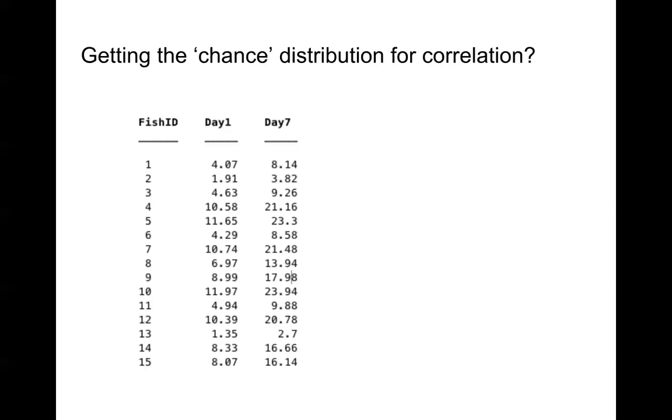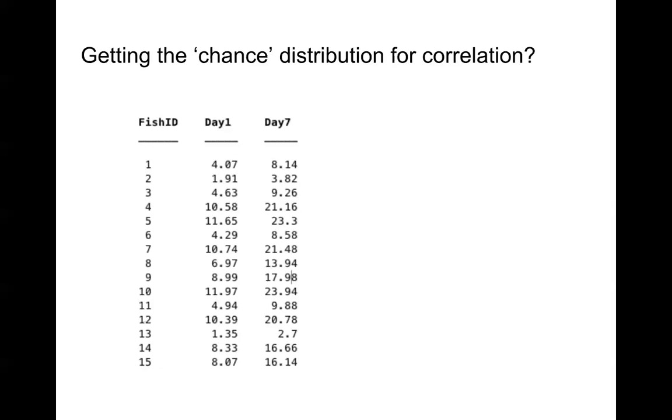Perfect. Exactly right. Formally stated, we hypothesize that there is a correlation between length on day 1 and length on day 7. We hypothesize there is a correlation between the number of times you vape and your likelihood of getting lung cancer. Increase in one leads to an increase in another. We have to put our hypothesis out loud.